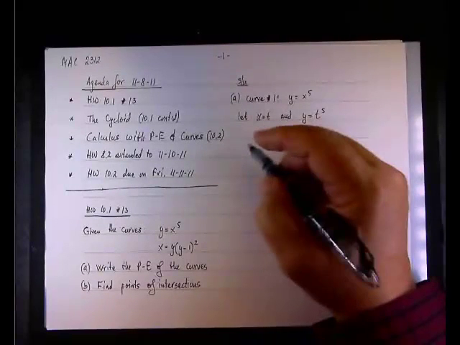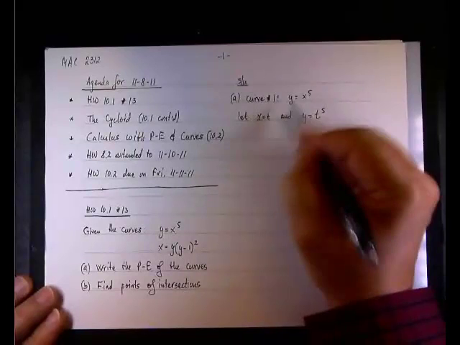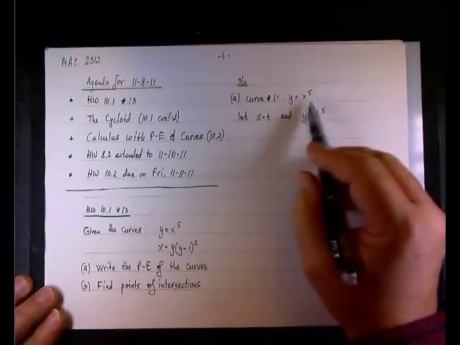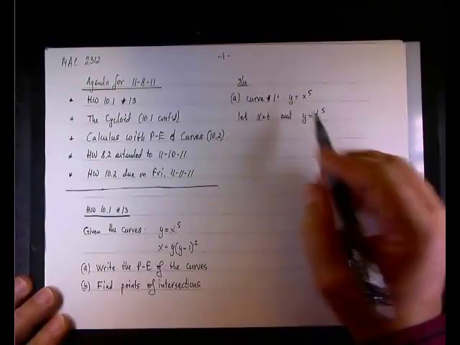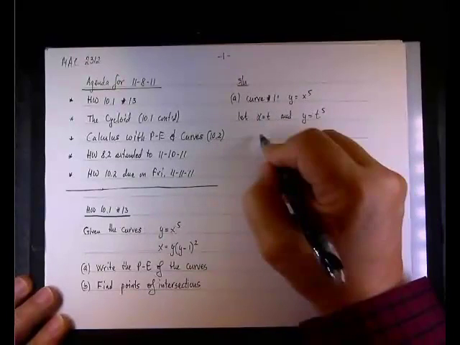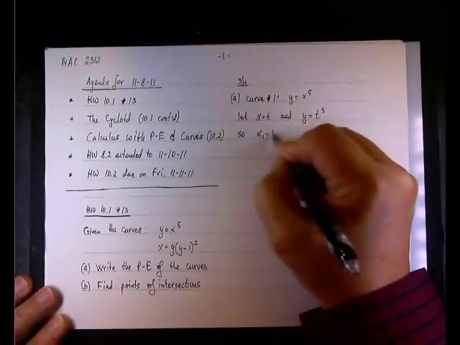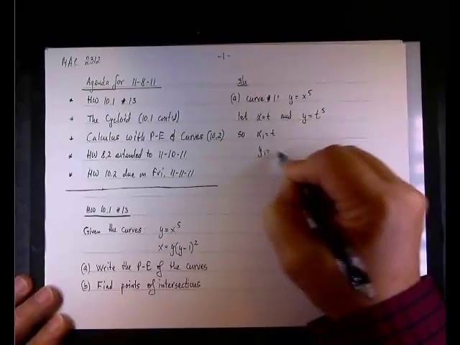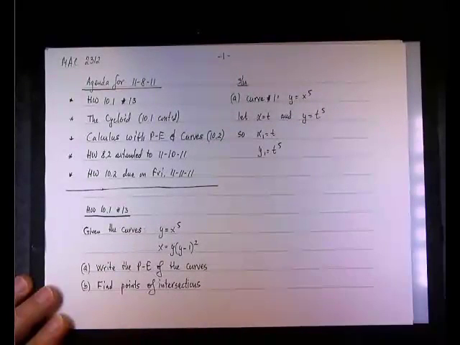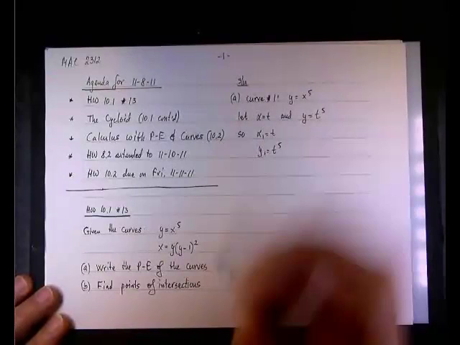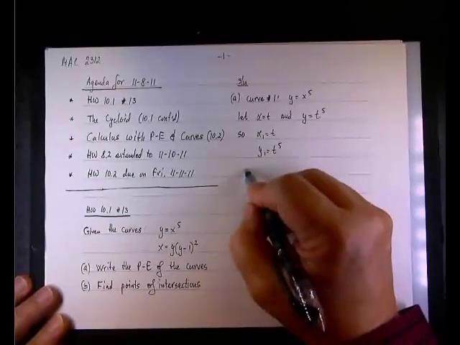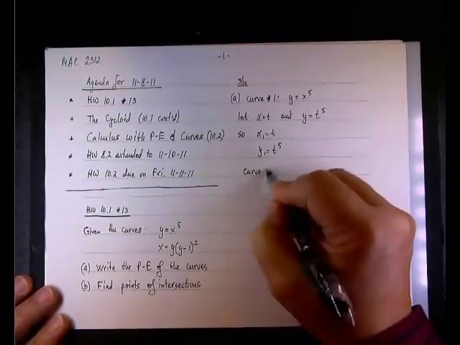Because we have 2 curves, every point on this curve will be x1, y1, right? And so x1 equals t, and y1 equals t to the 5th power. That will be one set of parametric equations.